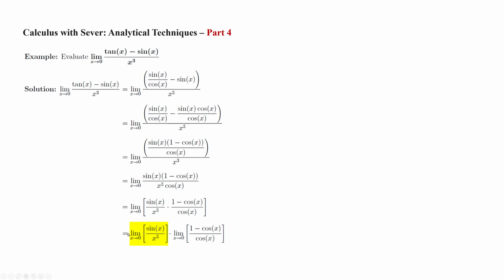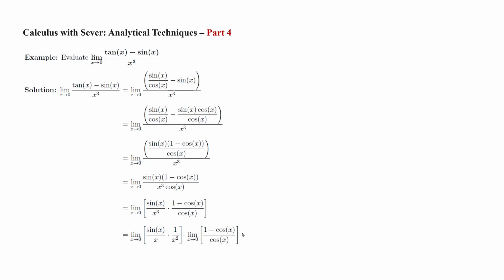Now I will give you a clue. The limit of the left-hand factor does not exist, and therefore this separation would not be valid. But in the event, we need to think of some different way, perhaps, to separate those two functions. So let's see. Now we know x cubed is x times x squared. Okay, so let's look at it this way.